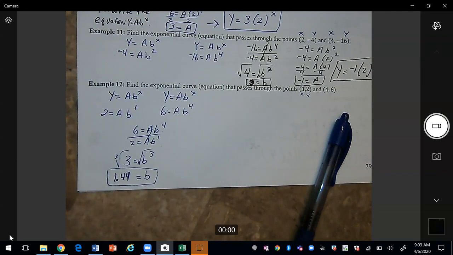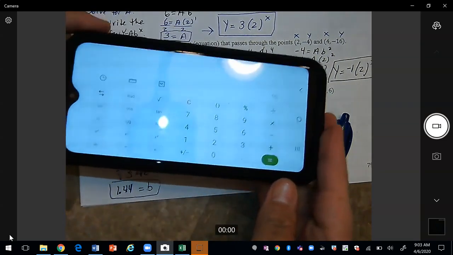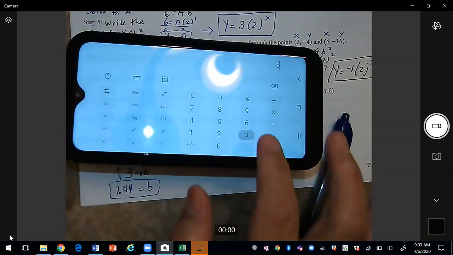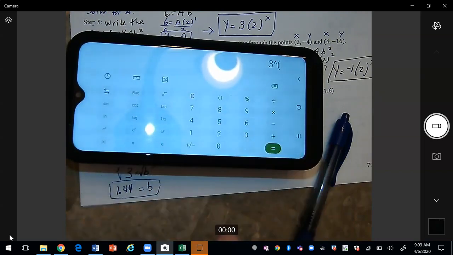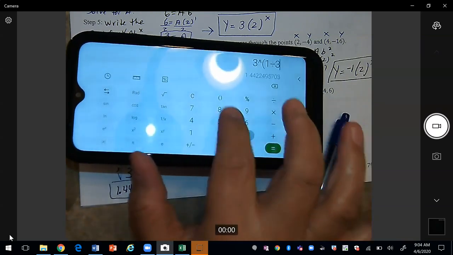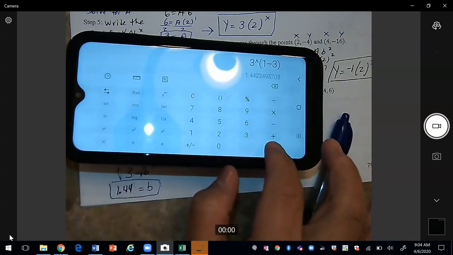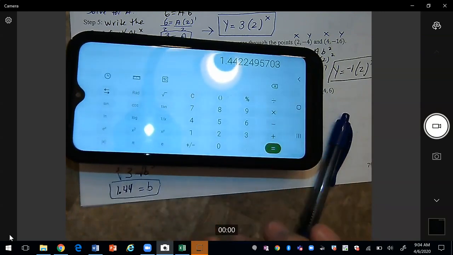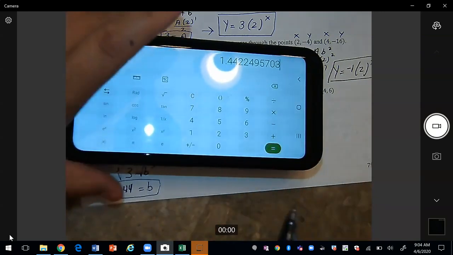So for example, on my phone calculator, let me bring it up, I would enter 3 raised to the power of the cube root. I don't have that symbol on my calculator, but I know that a root can be written as a fraction, so I can say 1 divided by 3. And so I get 1.4422. I'm going to round to 2 decimals.